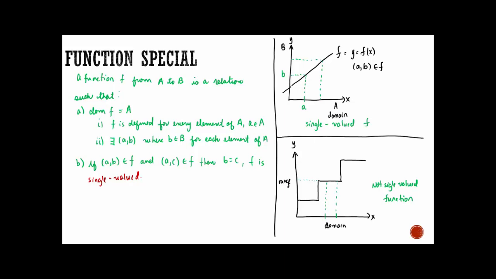However, in this case, this piece of the condition is not satisfied, so we cannot say that this is a relation. Okay, because there are elements in these functions that are mapped to the same value, even though they're not single value functions. Okay, so this is a single value function, this is not a single value function.